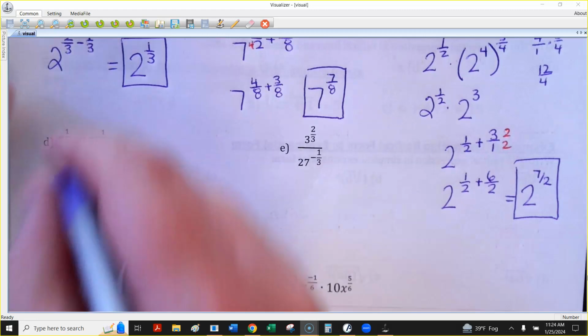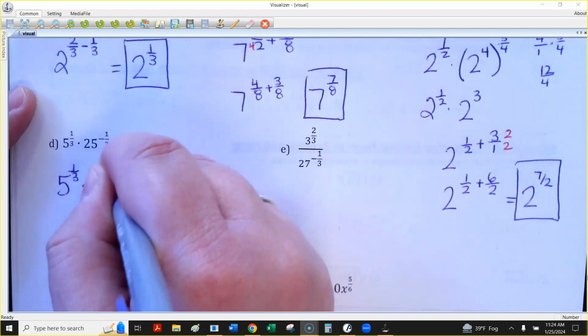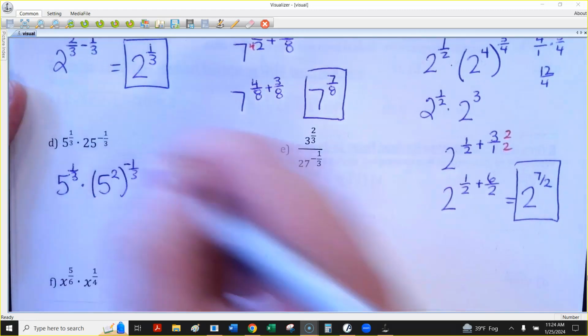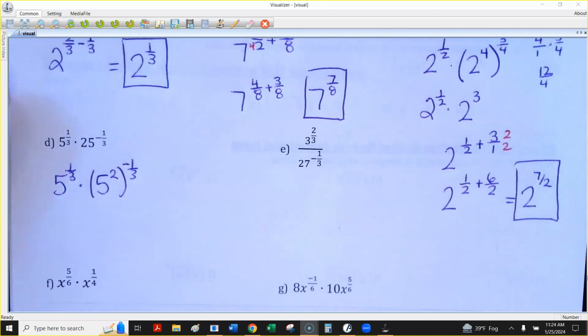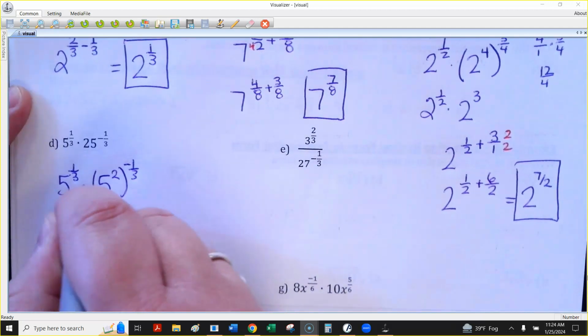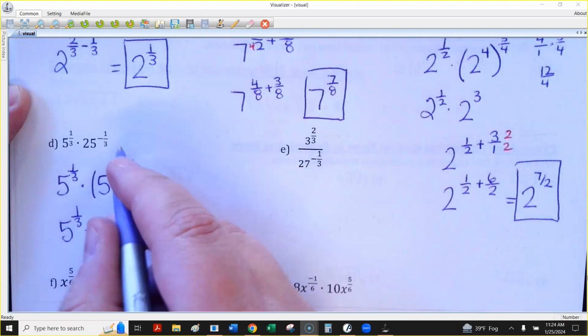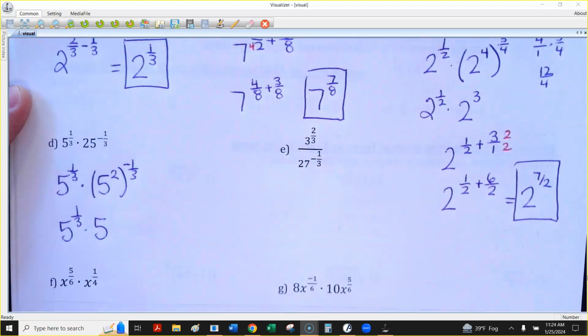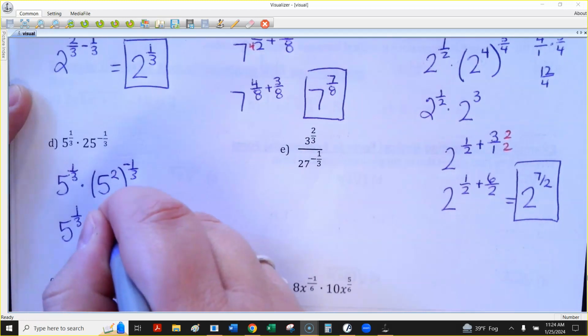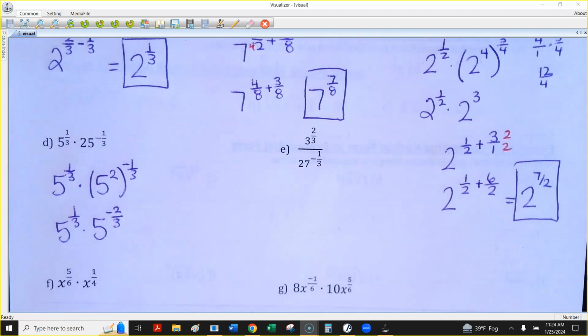So this is really 5 squared, and then that has a little negative 1/3 there. To simplify what I just did to create my like bases, power to a power, you would multiply the exponents, so we would just have 2 times negative 1/3. That would literally just be negative 2/3. We'd go ahead and add those exponents together.